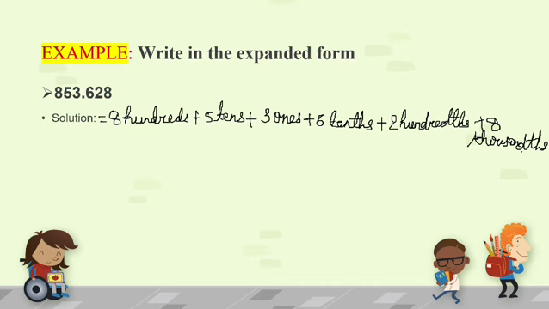Okay. And this is the first way of writing, where we are writing in words. Then we are going to take the second way of writing, which is writing in numbers. And here, 800, to change 100 into number, we are going to put the sign of multiplication, 8 into 100 and then the sign of plus.